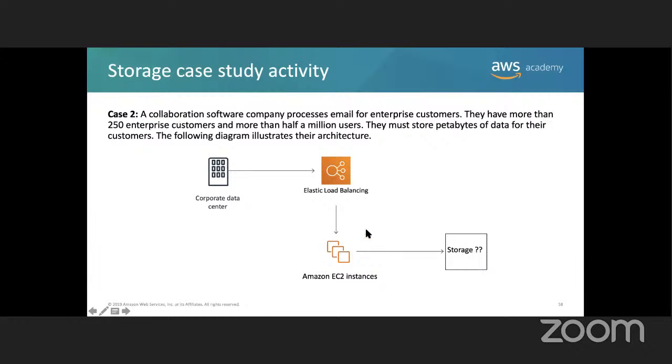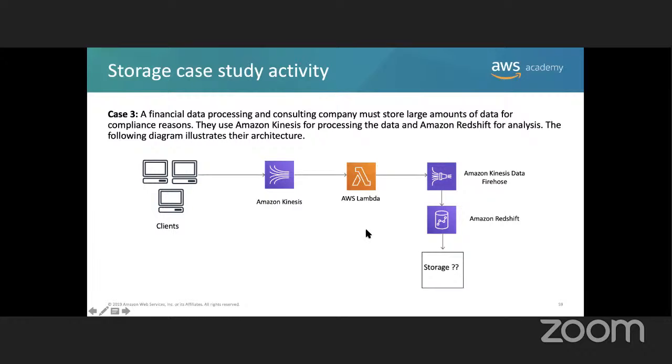Here we have another one. A financial data processing and consulting company might store large amounts of data for compliance reasons. They use Amazon Kinesis for processing the data and Amazon Redshift for analysis. The following diagram illustrates their architecture.